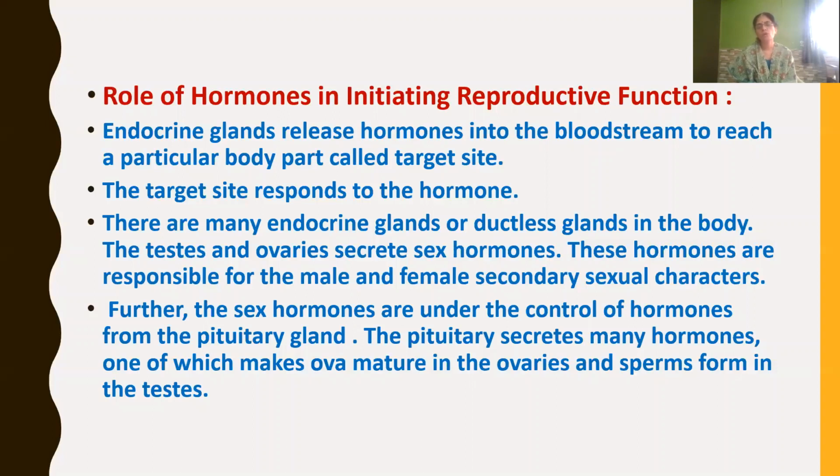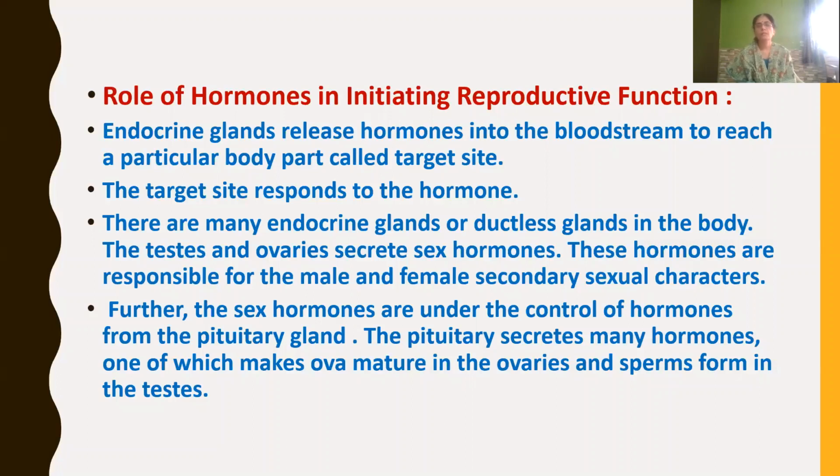What are hormones? Hormones are chemical secretions secreted by endocrine glands. And there are many endocrine glands, or ductless glands, in our body. The testes and ovaries are endocrine glands, and they secrete sex hormones.